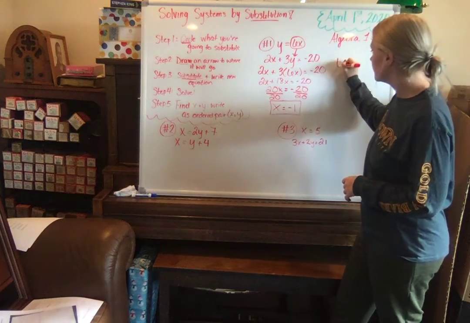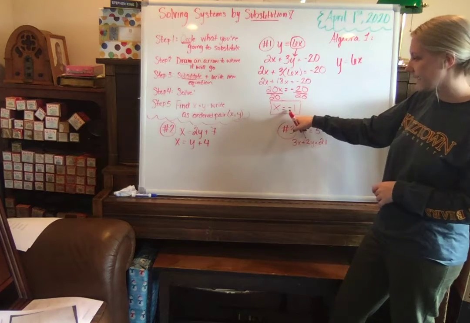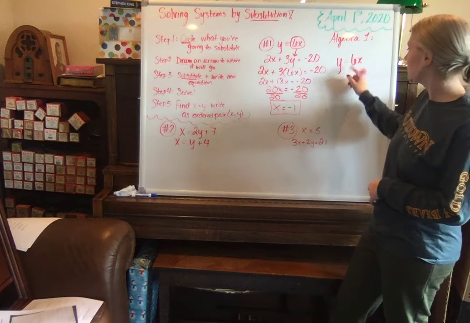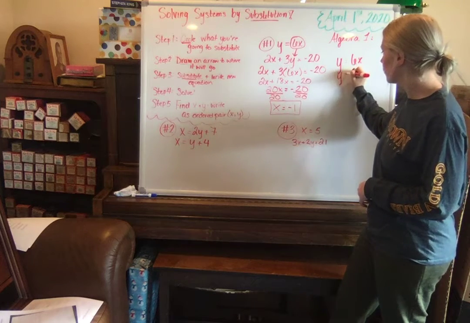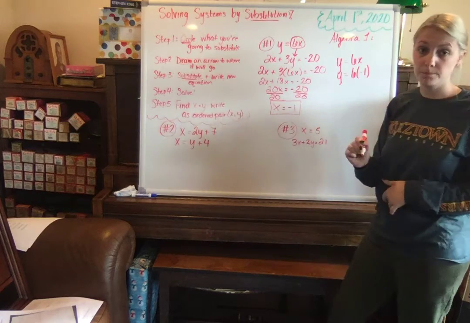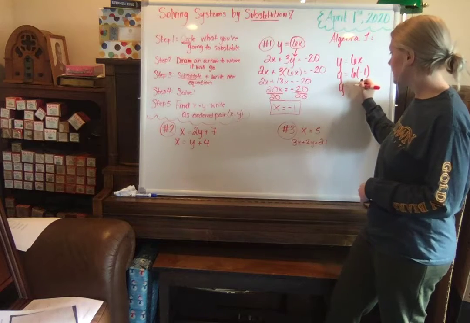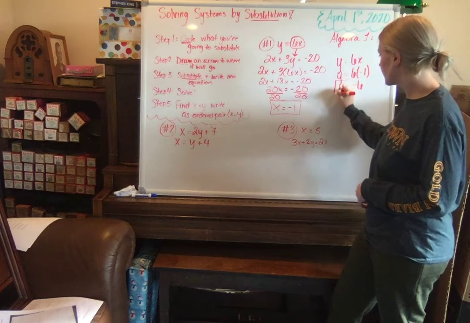So I'm going to take this y equals 6x as my new equation. I'm going to take this negative 1 and plug it right in where this x is. So I have y equals 6 times negative 1. Just solving for y, 6 times negative 1 is negative 6.